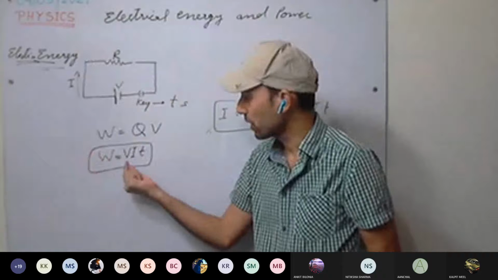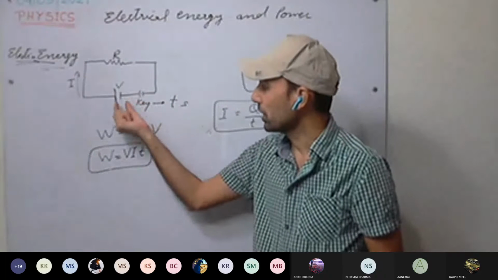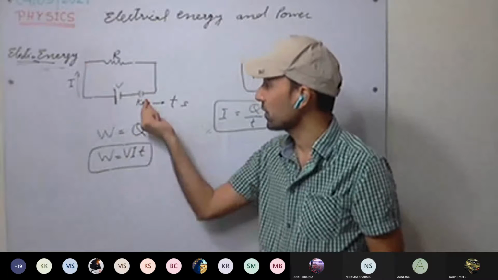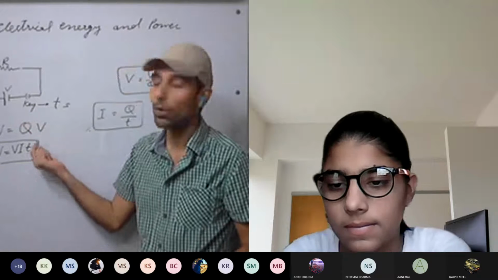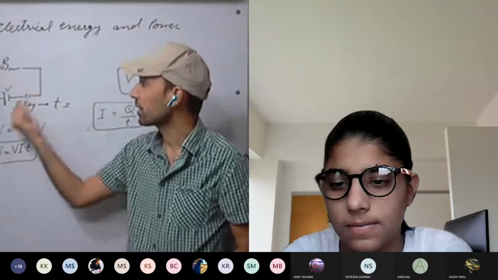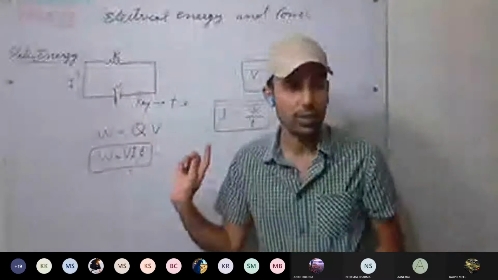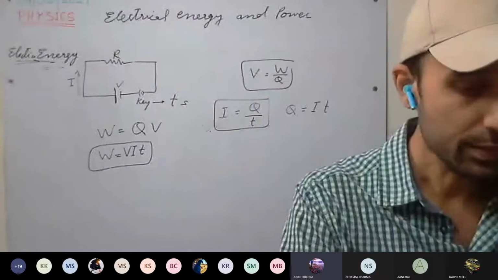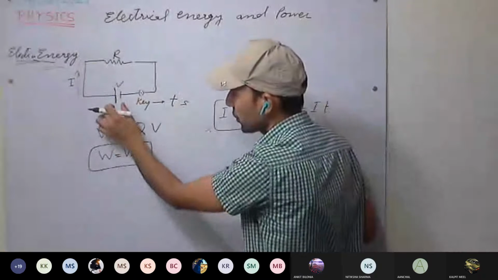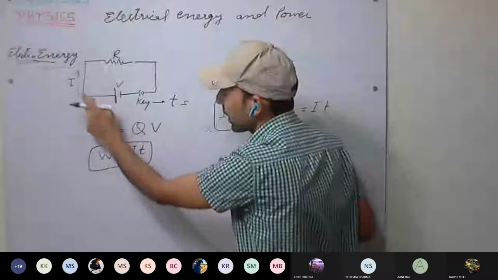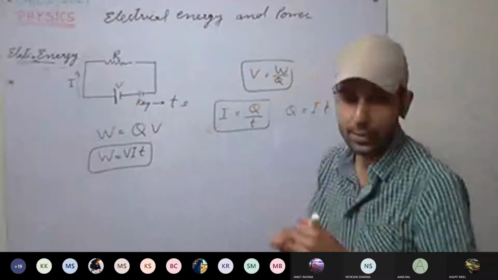So energy supplied is VIT. So under the potential difference V, for the time we have switched on the key, the time the current has flowed, with current I, W equals VIT.